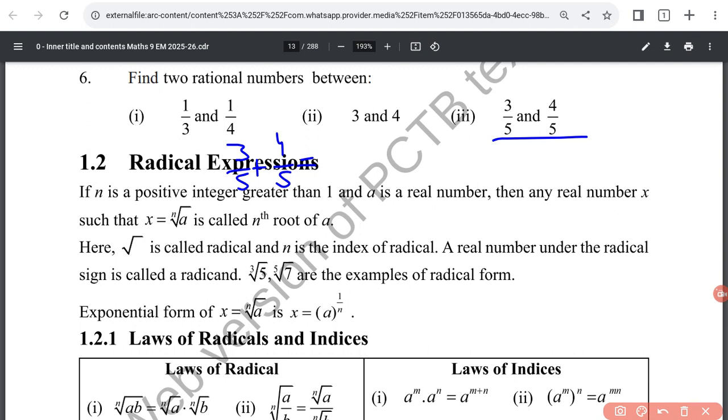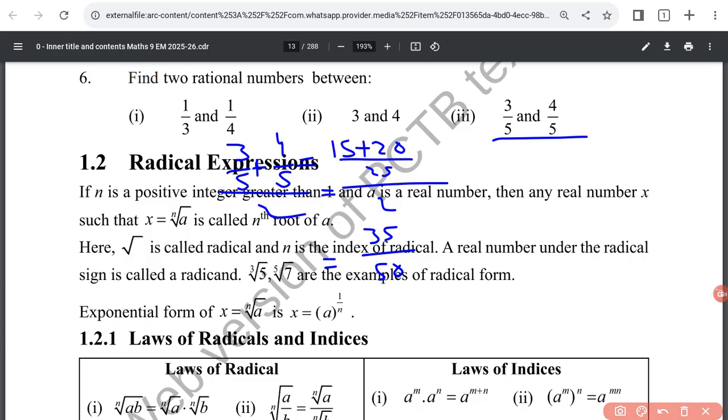So here we have 15 plus 4 times 5, 20, over 25 over 2. So here we have 35 over 50, 25 times 2, 50.